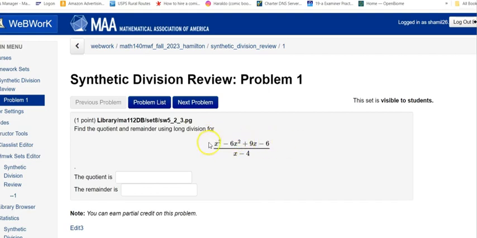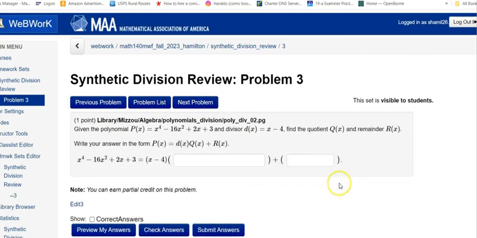And this polynomial on the top is your polynomial p, and you should be able to get quotient and remainder. For this one, this is how they want you to write it. Figure out the quotient and the remainder. So x minus 4, 4 is going in the box. And then it will be divisor times quotient plus remainder. And they actually gave you the divisor. They just want quotient and remainder in there. Okay.